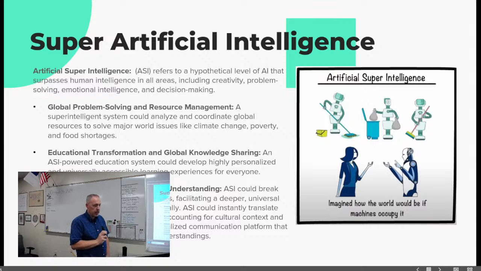ASI could instantly translate languages with perfect accuracy, accounting for cultural context and nuances, thus creating a truly globalized communication platform that fosters unity and minimizes misunderstanding. Where are we? Yes, we are. Electronic Tower of Babel right there. Yep, we are coming full circle.